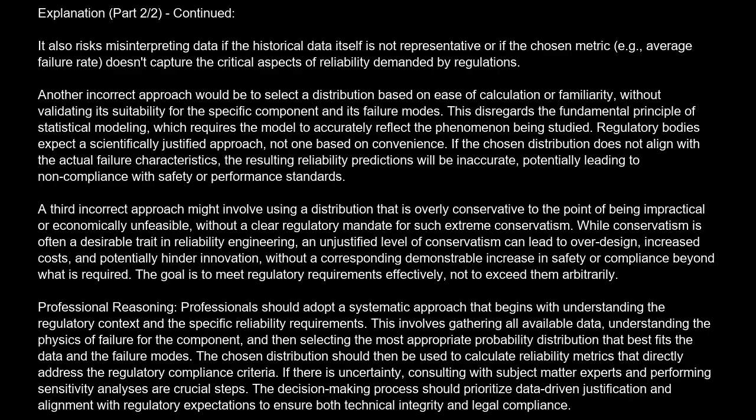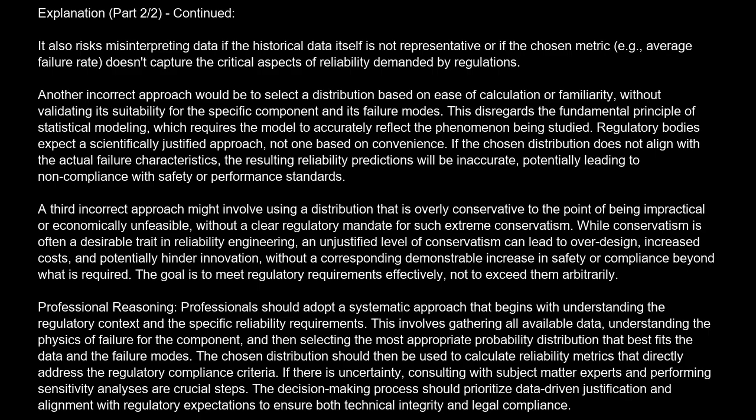Professional reasoning. Professionals should adopt a systematic approach that begins with understanding the regulatory context and the specific reliability requirements. This involves gathering all available data, understanding the physics of failure for the component, and then selecting the most appropriate probability distribution that best fits the data and the failure modes.